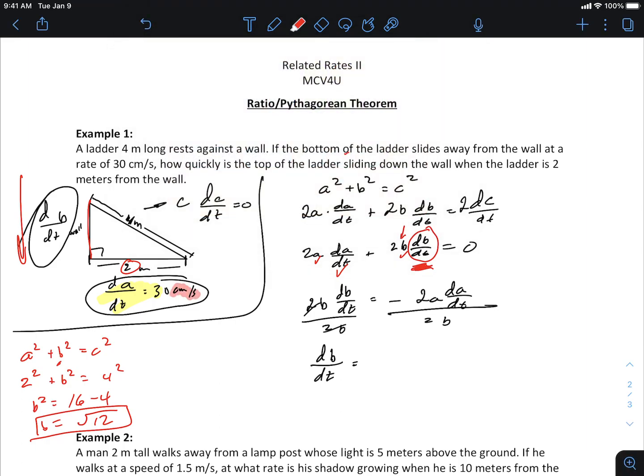To convert that rate would be a little trickier than just switching 2 meters into centimeters and 4 meters into centimeters as well. The catch is that B might be a problem, so I'm going to switch B into the square root of, it would be 1200.